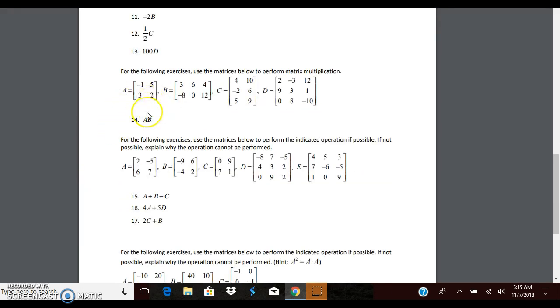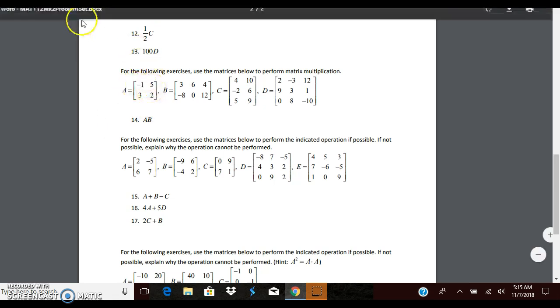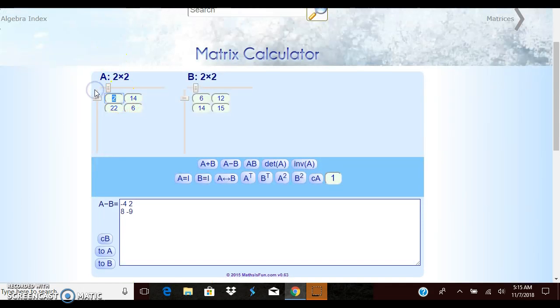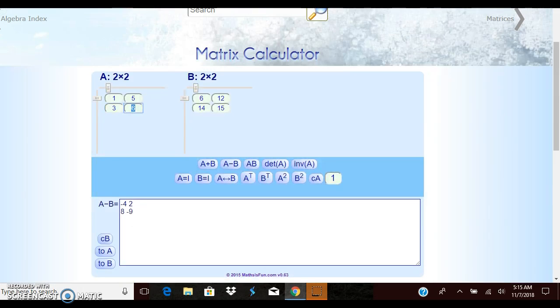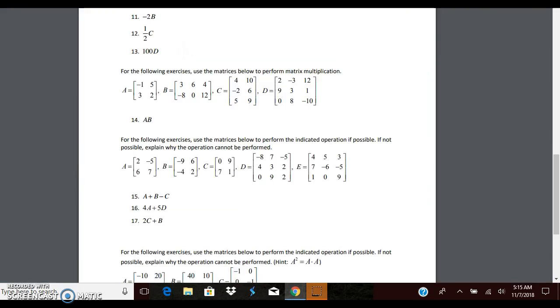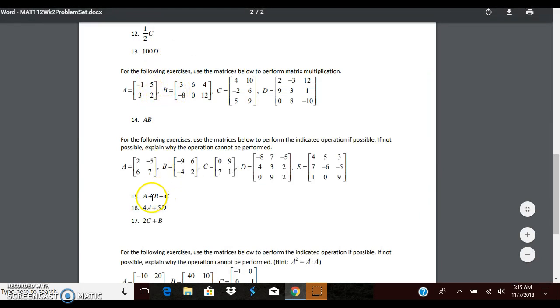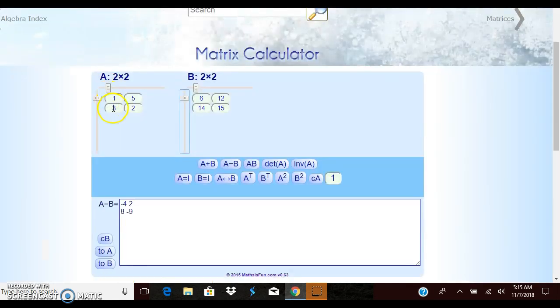When they ask me to multiply here, I would want to do what? I have negative 1, 5, 3, 2. And the second matrix here for my B is what? It's a 2 by 3 matrix.